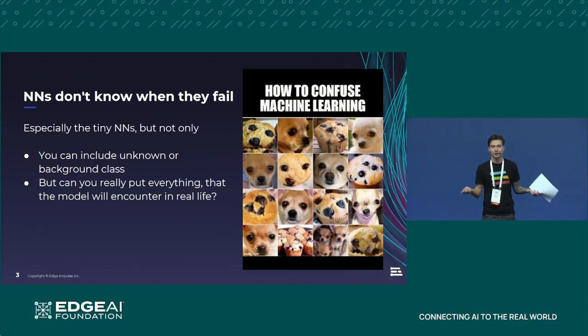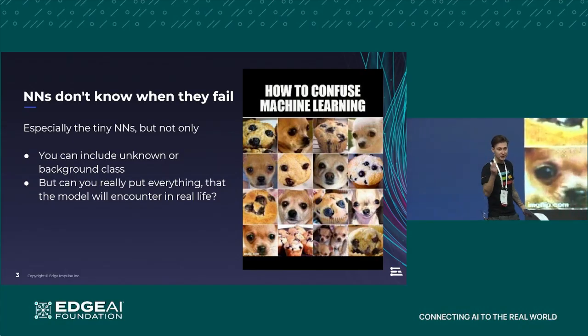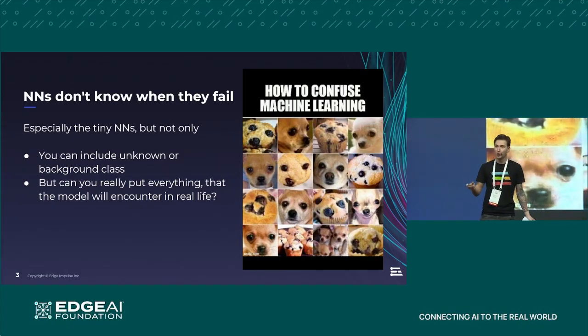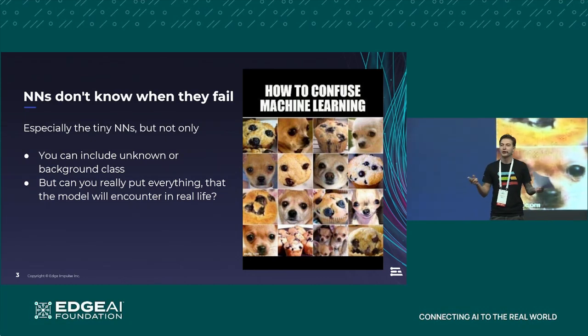So the language models tend to hallucinate, but I would say that the problem is even more serious with the very small models, because the small models that we run on the edge devices only have that much footprint into which we can compress all the information. So there is more potential for failure when encountering situations that are not in the training data, right?